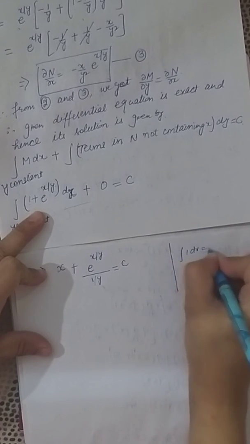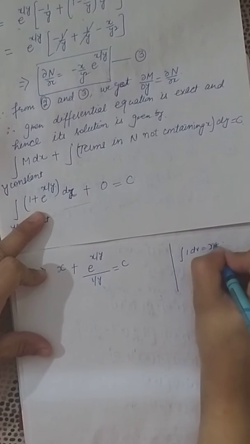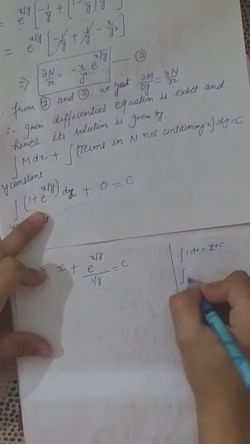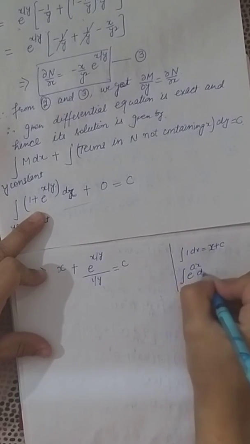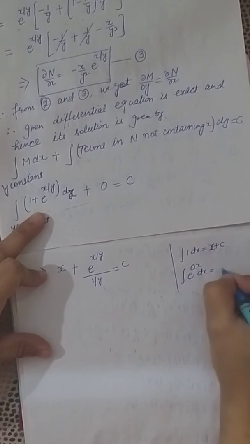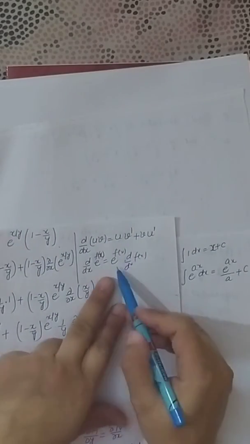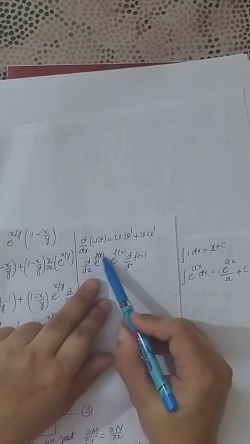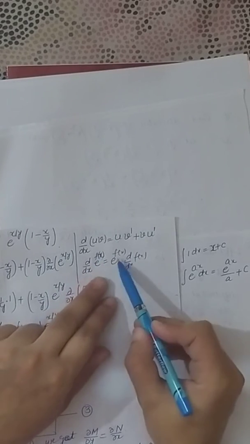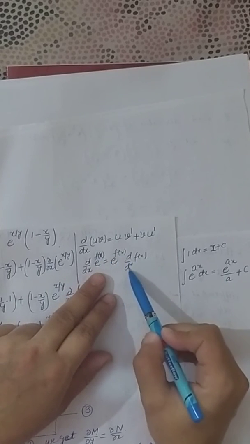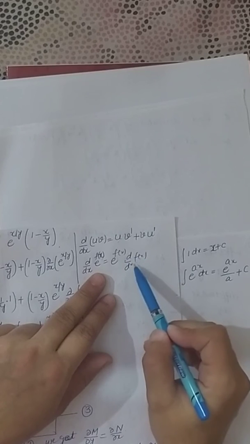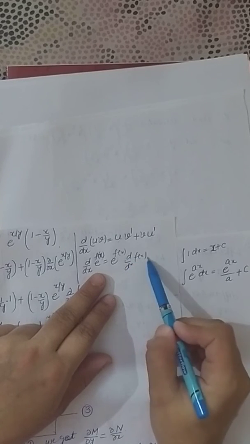Integration of 1 dx is x plus c, and integration of e power ax dx is e raised power ax divided by a plus c. Now the point to be noted is that if I have e power f(x), then its derivative with respect to x will be e power f(x) into derivative with respect to x of f(x).